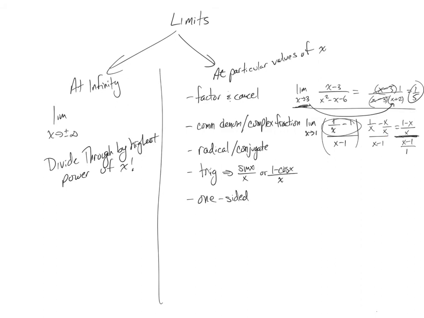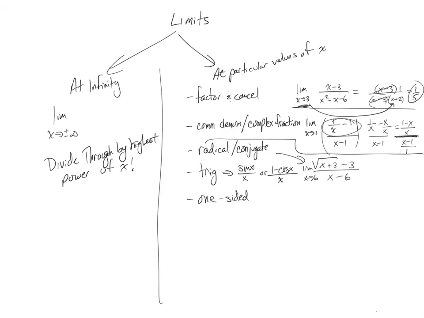Okay, radical conjugate problem. We're talking something like the square root of x plus 3 minus 3, over x minus 6, and we'd be looking at the limit as x approaches 6.